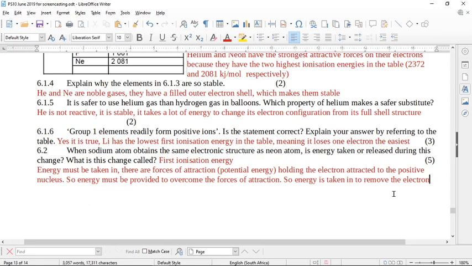I don't think this question was formulated properly, but the main information they're looking for is that you need to take energy in to overcome the forces of attraction between the positive nucleus and the negative electron. So you should actually be more specific here, holding the negative electron attracted to the positive nucleus.